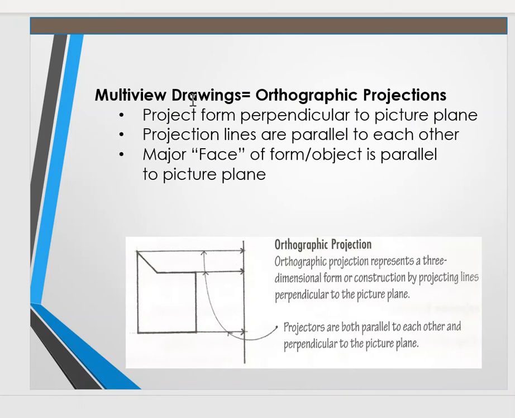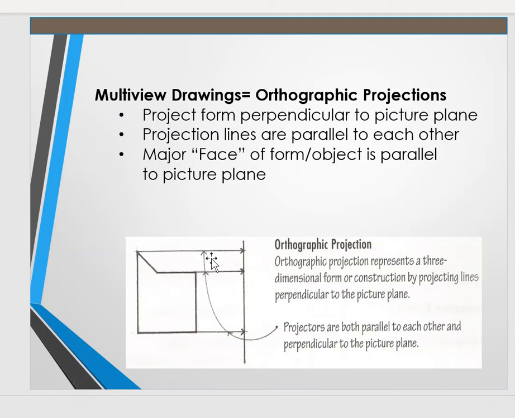Now, with these multi-view drawings, you always have to realize that when you see one view, you don't really know what it looks like until you start to expand and check out the other sides of anything. That's what is meant by multi-view. So you're projecting perpendicular to the picture plane. So this is a side view of an object, right?